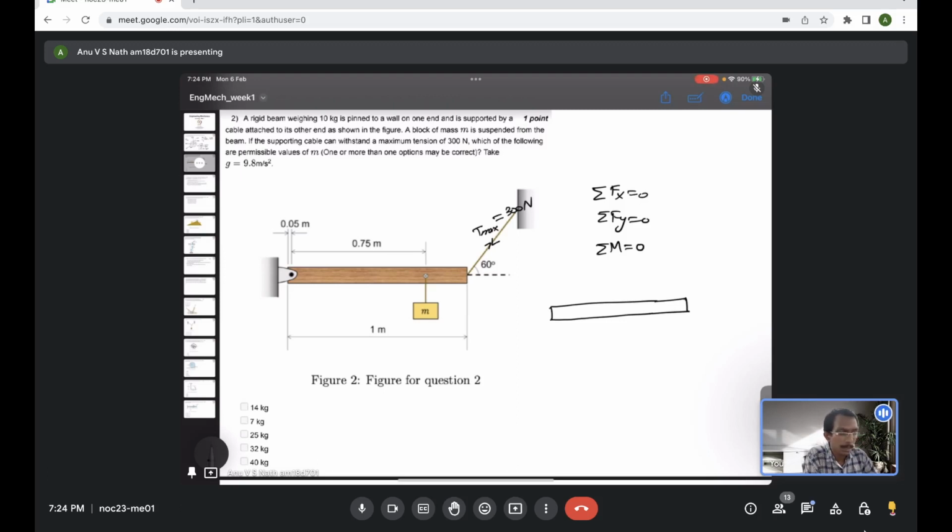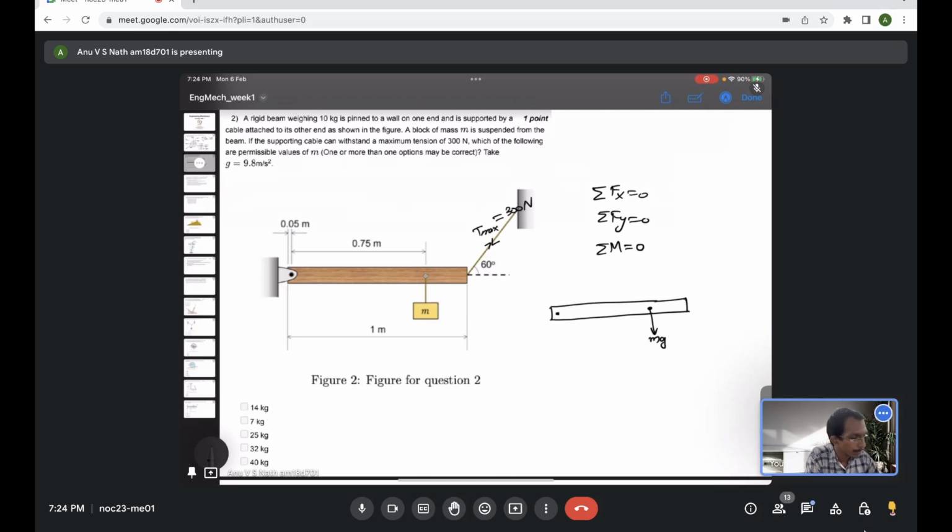So this is a beam. There a mass M is hanging at this end, having a weight of mg, which is a force acting 0.75 meter from the end where it is hinged. So let's say this is the location where it is hinged.